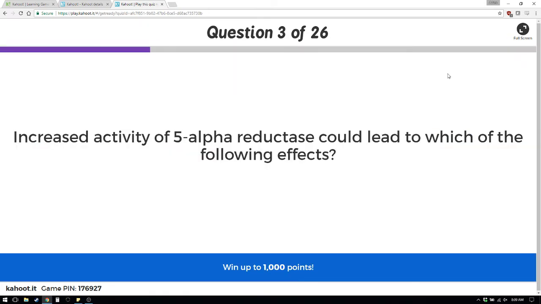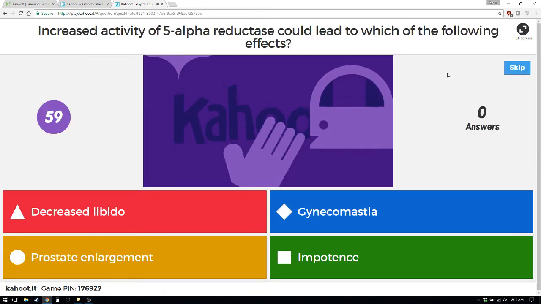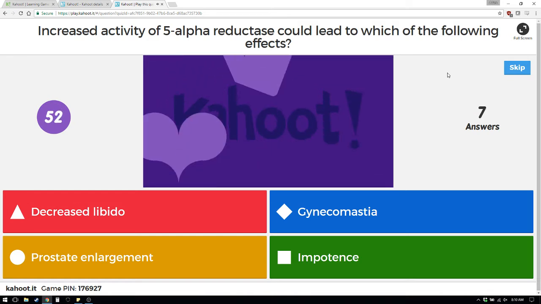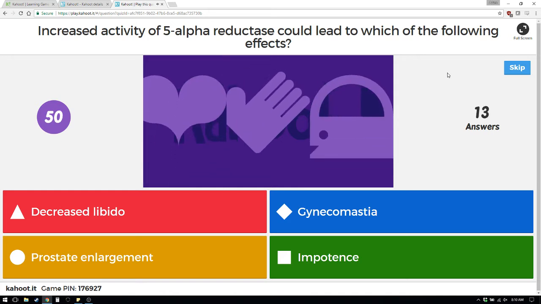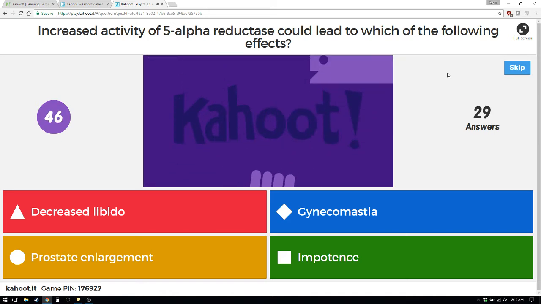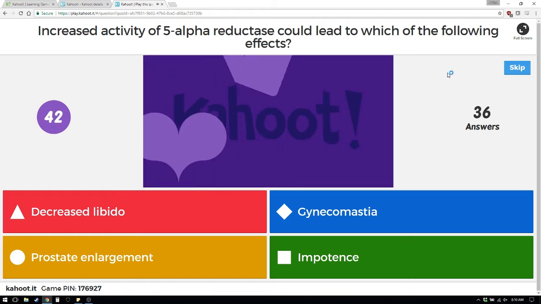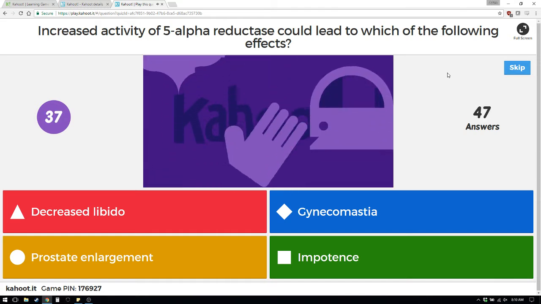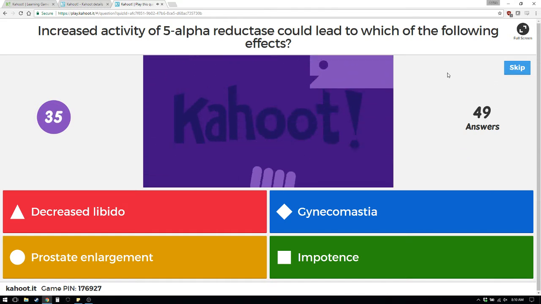Okay, increased activity of 5-alpha reductase will lead to which of the following effects? Oh boy, you've got to know what all these enzymes do. It's important that you understand this.